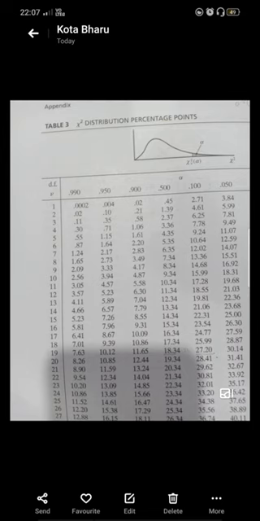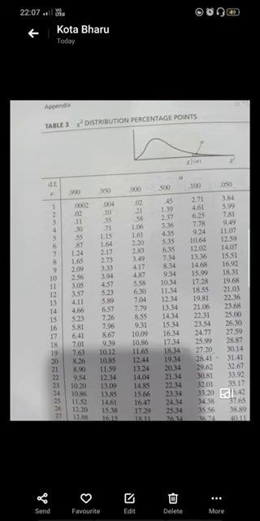Chi-square 0.5 here is the value of alpha, and the degree of freedom is 2. So the value is 1.39. So to check for bivariate normality, we always compare with 1.39, because p is 2 and 0.5 is because we want to check whether 50% of the observations lie in the ellipse.